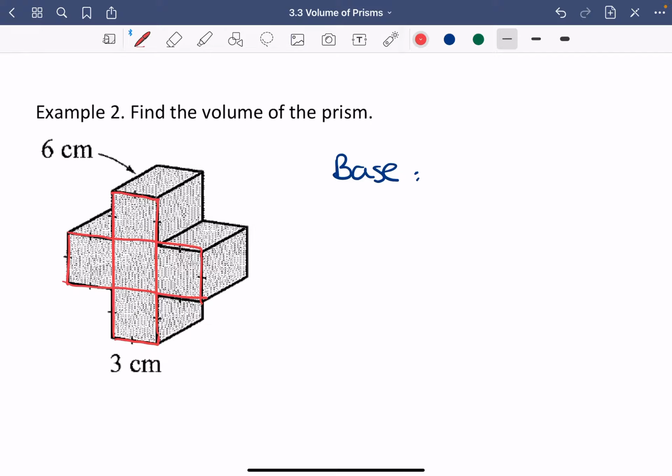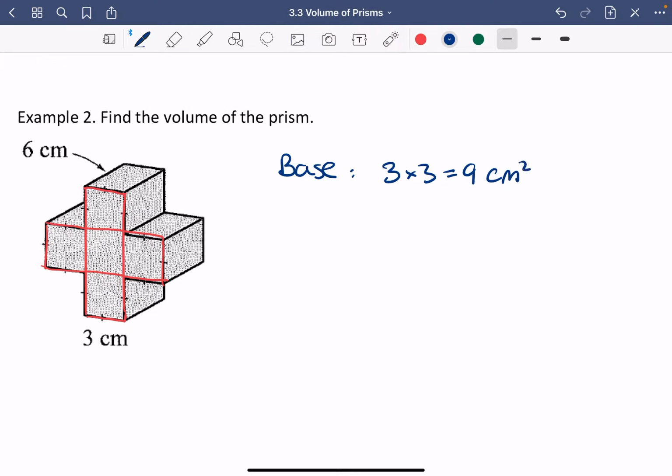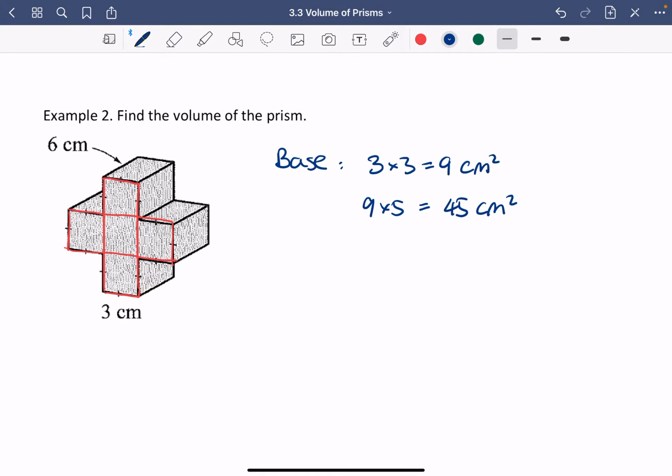Okay? So the area of one square is 3 times 3, that's 9. And we have 5 of them. So 9 times 5, 45 centimeters squared. So 45 centimeters squared is the area of the front face. And what's the height? The height is how much this front face stacks up.